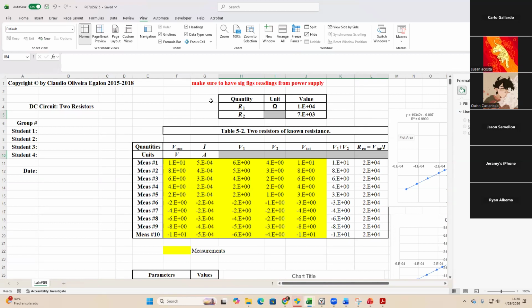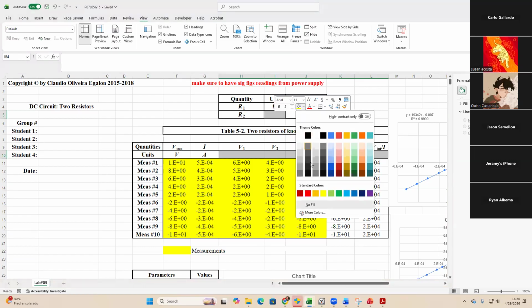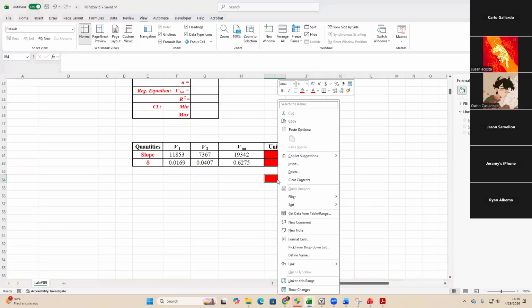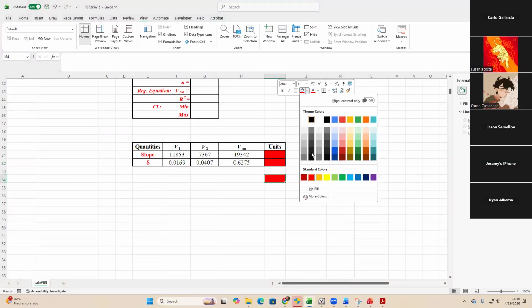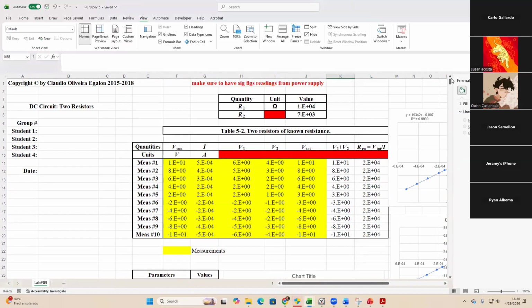Let's put that in the red color. Red color for the units.